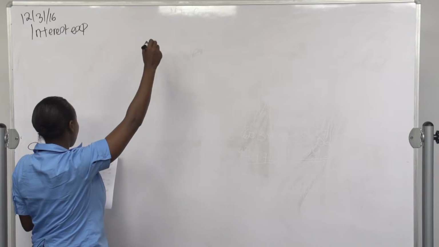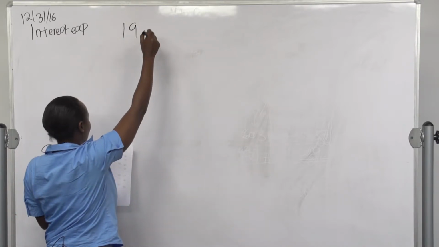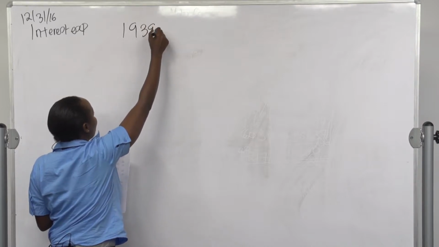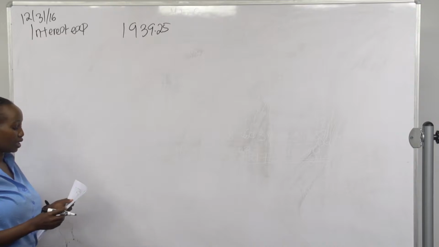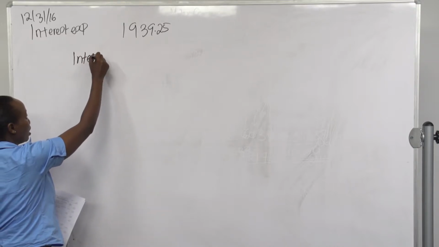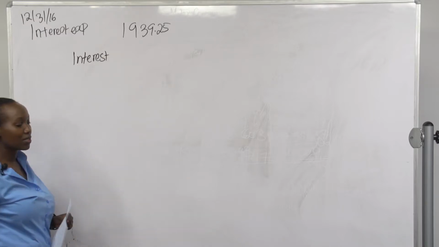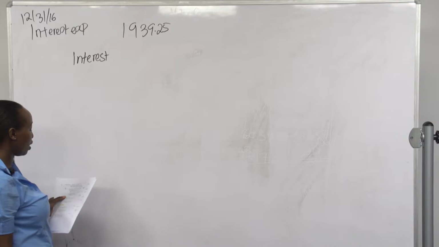So our interest expense is going to be $1,939.25. For the interest payable, again, is based on the stated rate of 11%. So we do 11% times 50,000 times 4 out of 12.